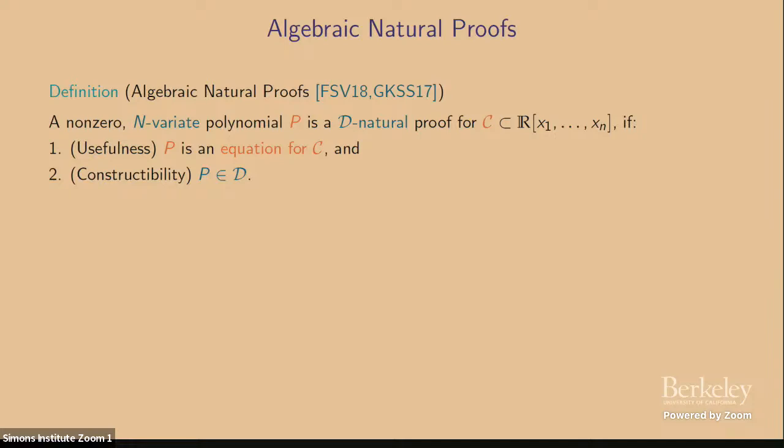A non-zero big N-variate polynomial P is a D natural proof for the class C if, firstly, it has to be an equation, and secondly, it itself should be computable, I mean, it should be in the class D. So it's like a D-constructible proof for C. So, a D natural proof for C.